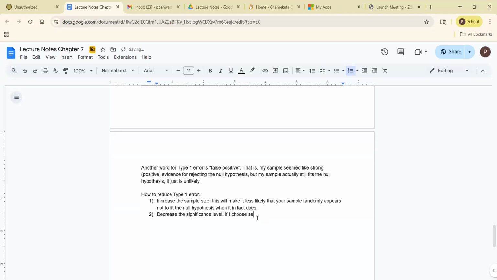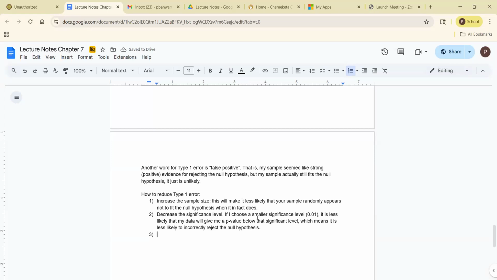If I choose a smaller significance level, like 0.01, it is less likely that my data will give me a p-value below that significance level, which means it is less likely to incorrectly reject the null hypothesis.